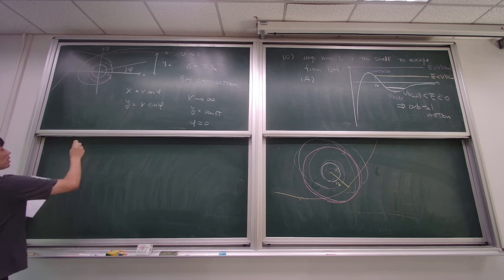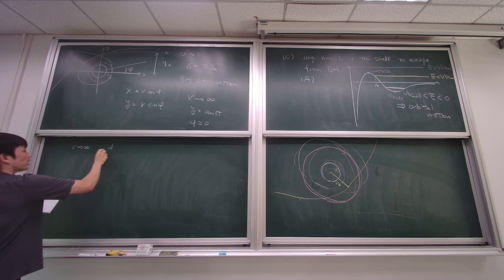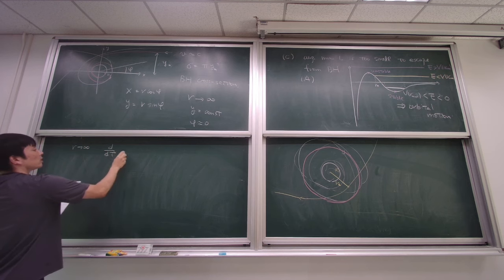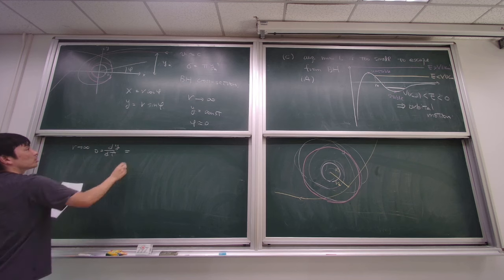If you take the derivative, r goes to almost infinity, and d/dtau of y is equal to 0 because it's constant.